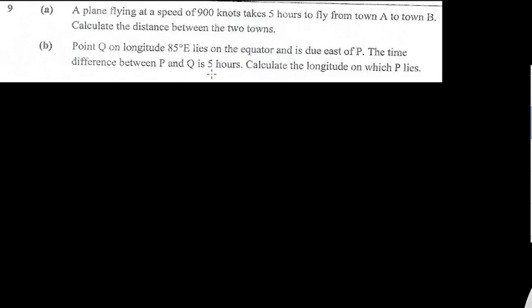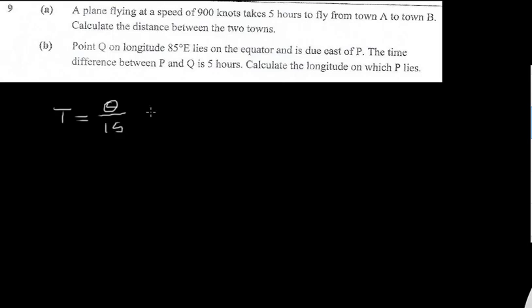So, do you remember this? When we talk of time difference, we are simply talking of a certain formula that we did when looking at this topic. The first thing you should remember is that the time difference between 2 points is given by the difference in longitudes between those 2 points, which we will denote as theta, over 15.